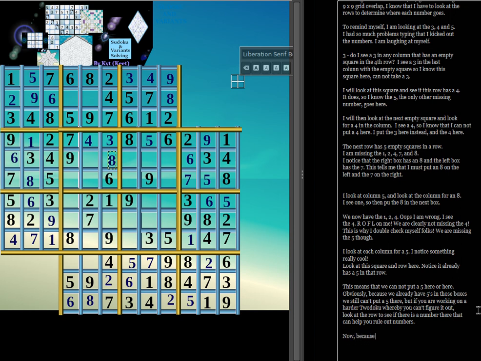Now, because a 5 can't go there, and because we see 5s in the other columns, here and here, plus that last 5 is in the box, we know the 5 goes here.